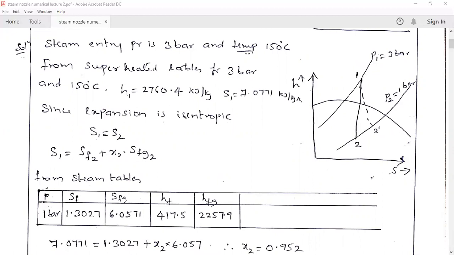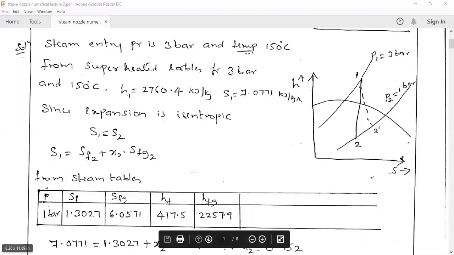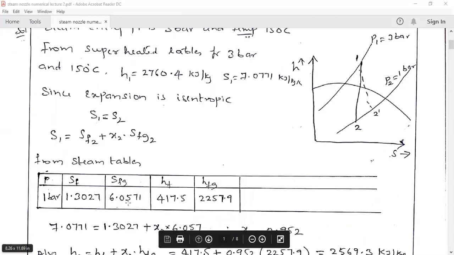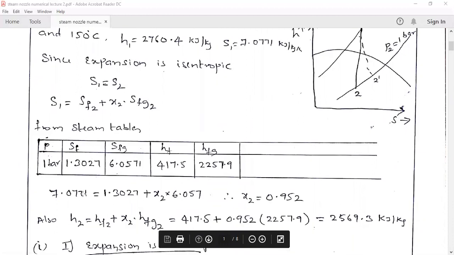So from the steam tables, for 1 bar pressure, get the value of SF2 and SFG2. So it is shown here: SF value, SFG value, HF value, HFG value. All these values are obtained from the steam tables for pressure 1 bar.